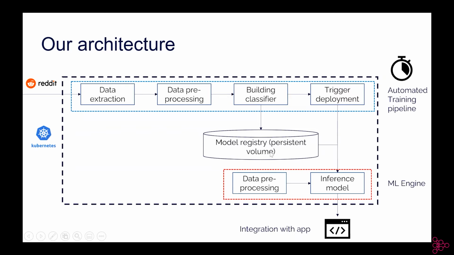It can be a persistent volume, but I believe I used S3 in the demo. And then it will be sent to inference, where we have no downtime. So you have a rollout of the image, and the new image is used for the microservice without any downtime.